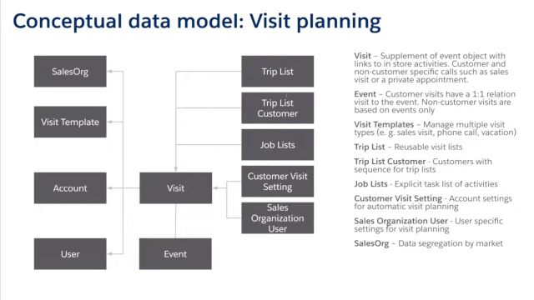Visits can be created manually or based on the trip list object, using trip lists and trip list customer, or on job lists. And an advanced visit is always assigned to a visit template, and the sales org is assigned to an account and not to a retail store.